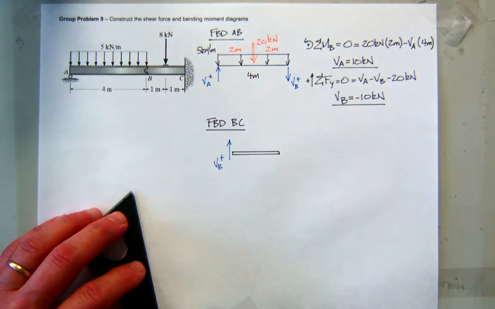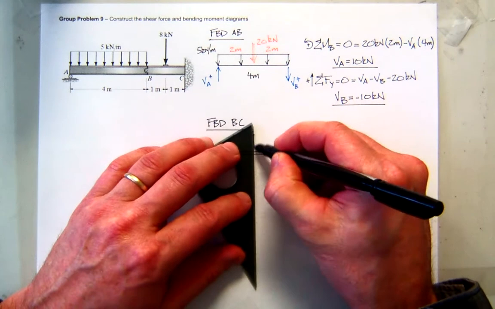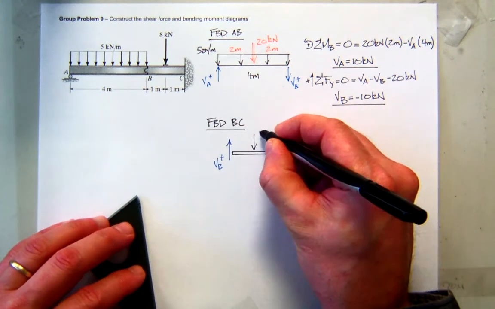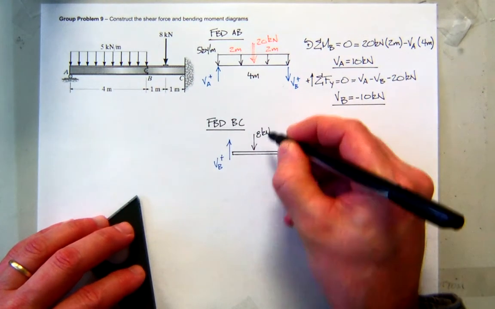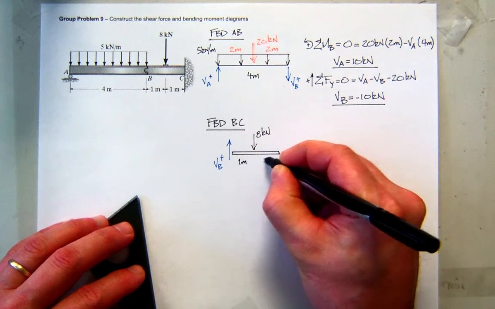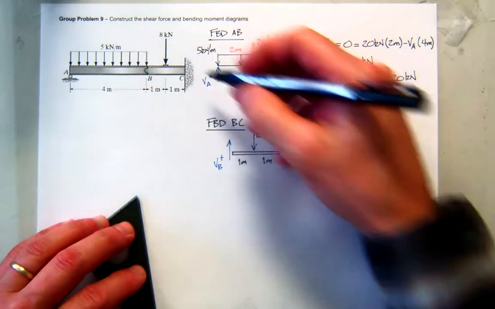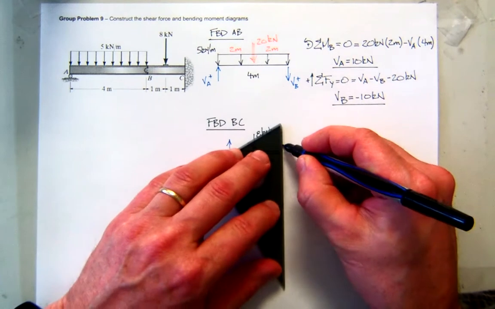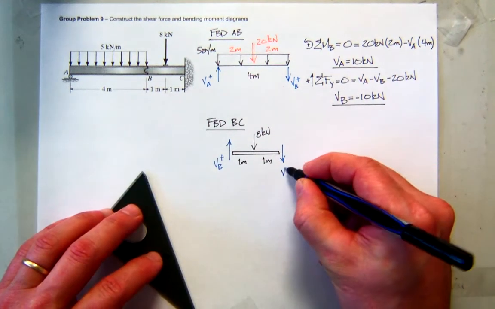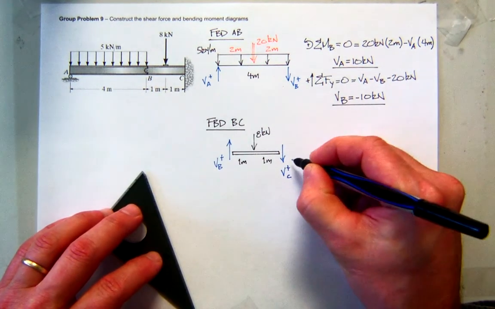And then right in the middle, I've got my applied load, which is 8 kilonewtons. That's 1 meter, 1 meter. And then on the fixed end, I'm going to assume positive shear and positive bending moment.